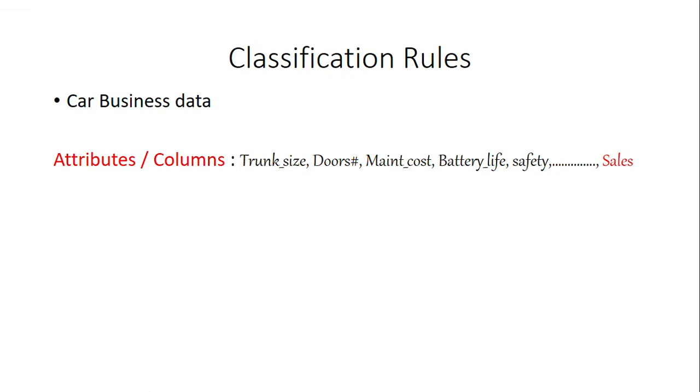So let's consider one example of car business data. It contains attributes like trunk size, doors count, maintenance cost, and many attributes like that. And finally, it contains one class attribute to which we need to classify our data records to one of those class attribute values.